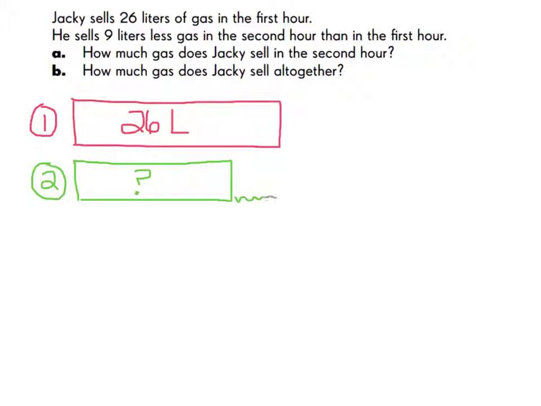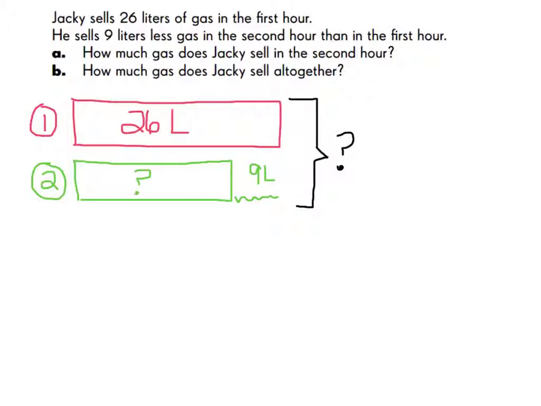It's also less by 9 liters. Our task has two parts. We need to find the total amount of gas sold. But before we can do that, we must find the amount of gas sold in the second hour.